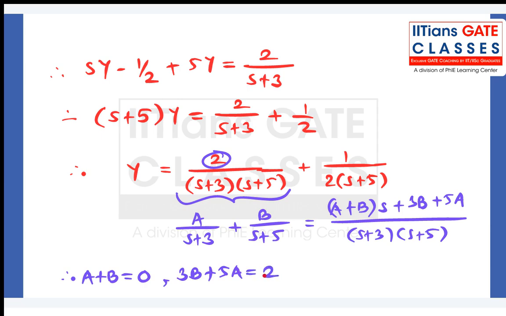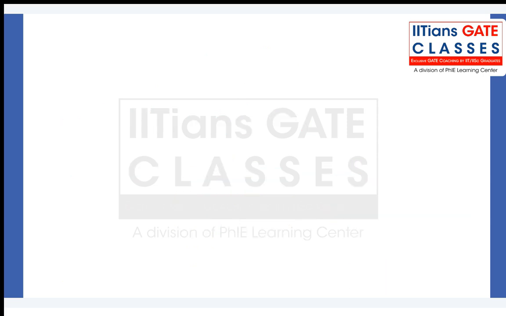If you solve this, it's easier because I can just write b as minus a, so that will give you 2a equal to 2. Therefore you will get a equal to 1 and b equal to minus 1. Then you can solve this further.